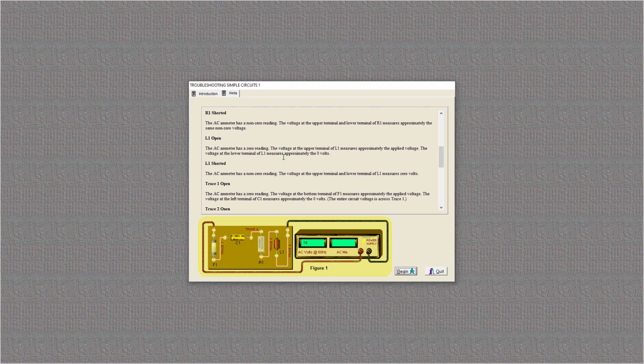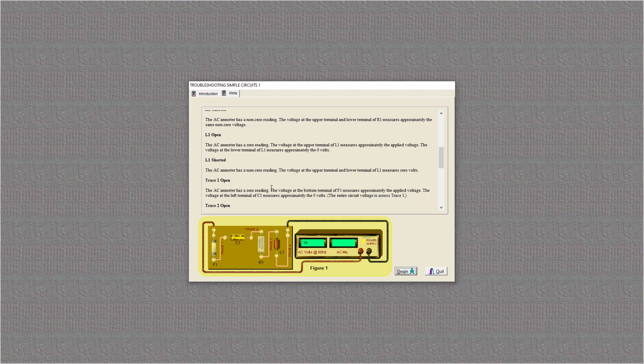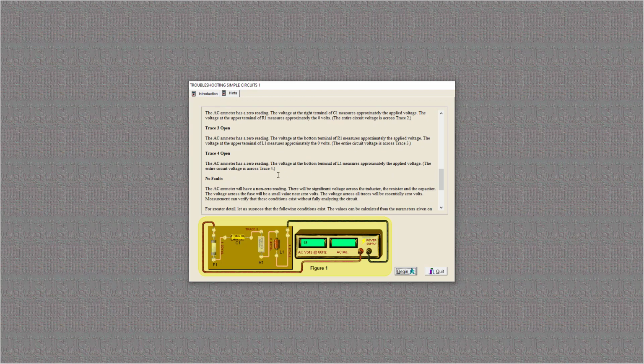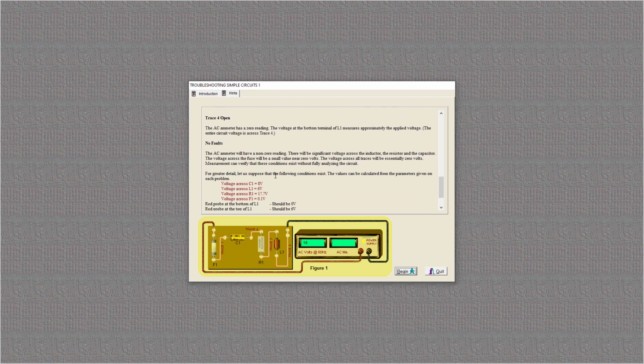Whenever you get a short, you're going to get the same voltage on both sides. So if it's open, we're going to get zero current. If it's shorted, we're going to get a non-zero, and the bottom's going to be ground, and the top should be applied voltage. And if we have a trace open, we're going to measure on one side.